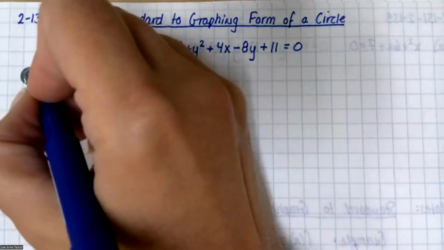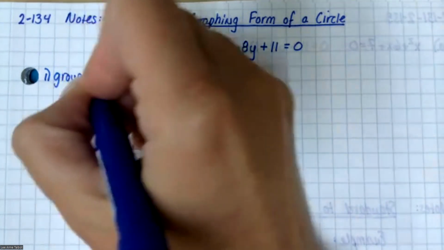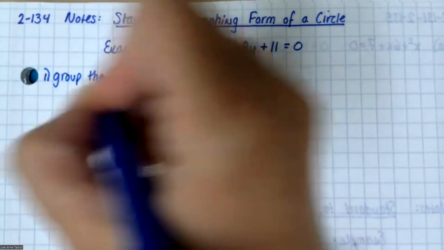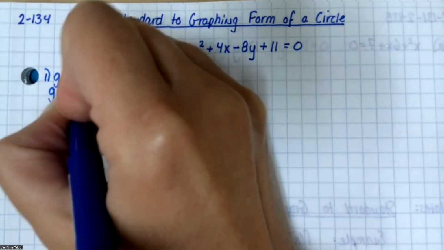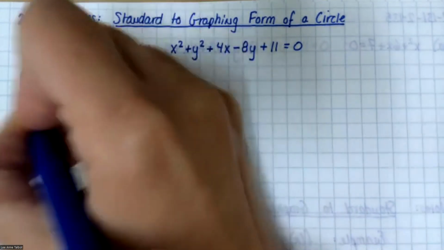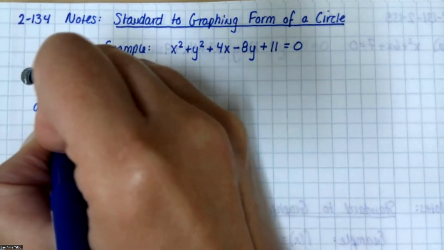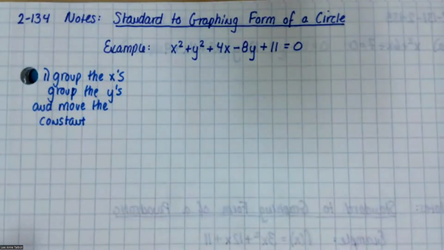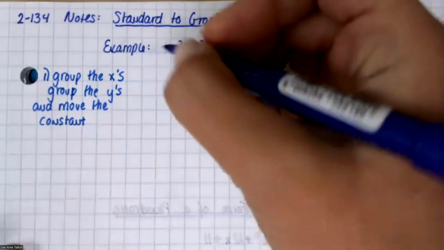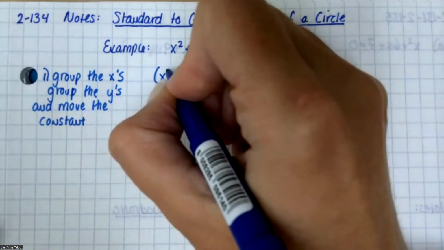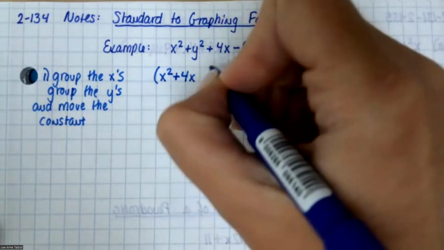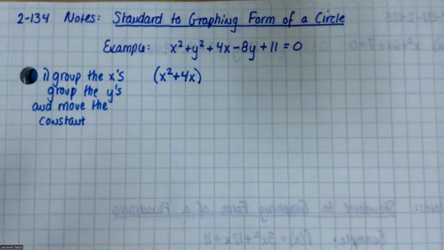Okay. Step 1. Group the x's. Group the y's. And move the constant. Step 1. Group the x's. Group the y's. And move the constant. Okay, what I mean by that is take the x squared and the 4x and group them together in parentheses.